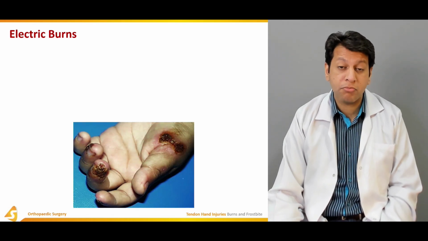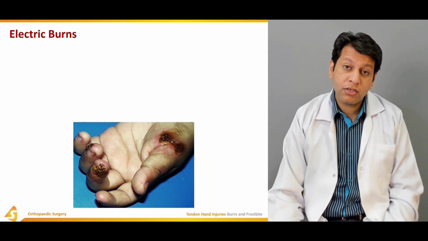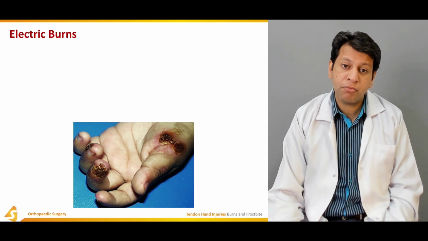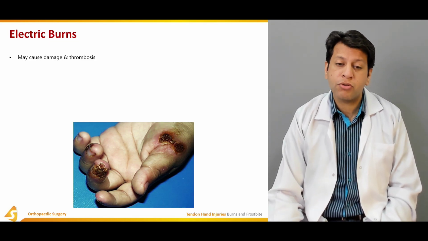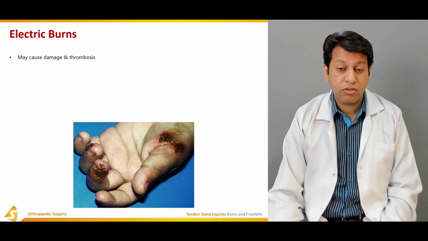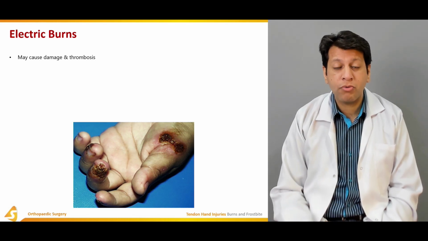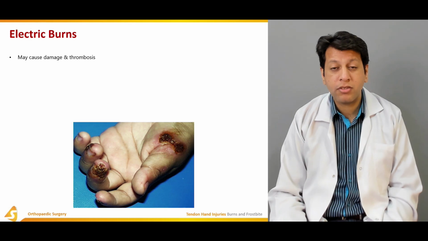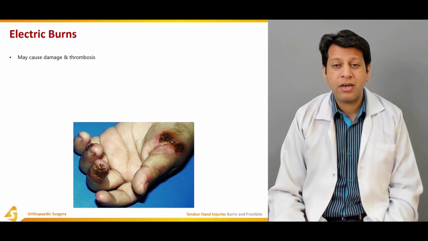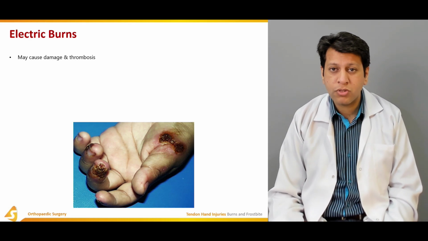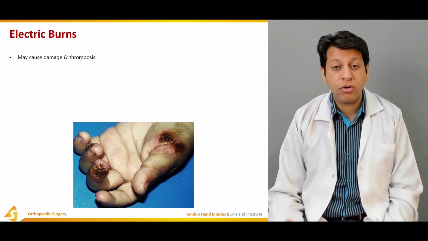Now coming to the electric burn. On appearance they do not seem very problematic, but they are actually very notorious and may cause nerve damage and thrombosis. Why? Because the electric current passes through the nerves and arteries and causes coagulative necrosis, which causes thrombosis and eventually ischemia.